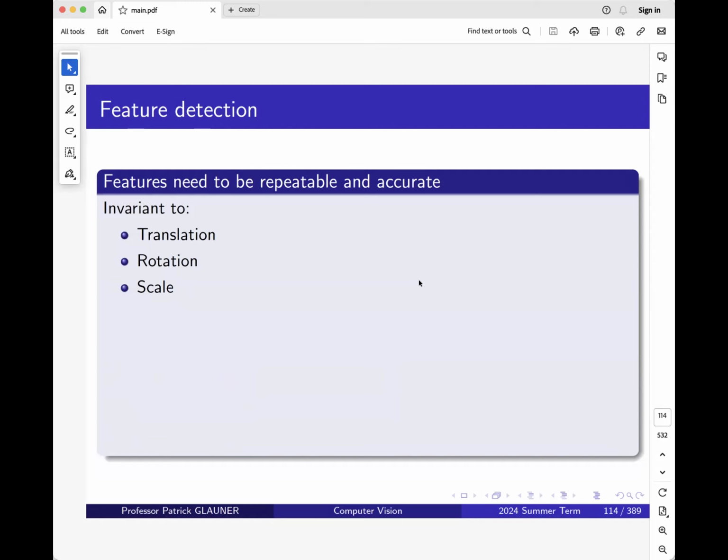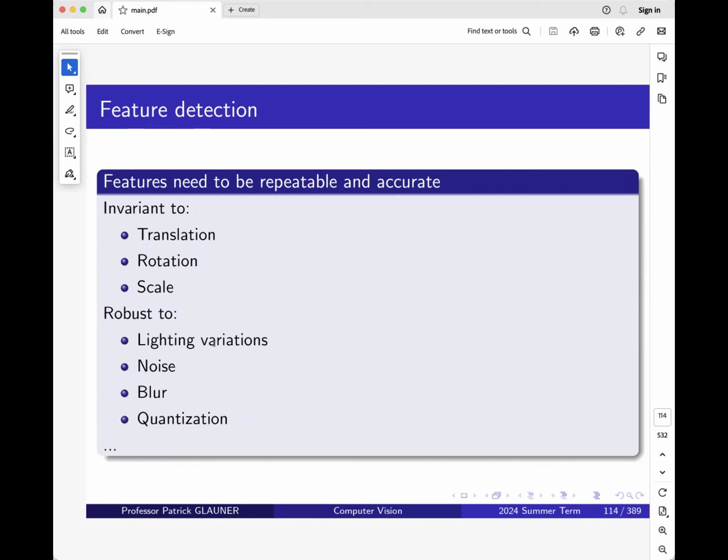And detecting features is also sensitive with regards to noise, illumination, and lots of other factors. So what we actually want is a certain invariance to various factors that can complicate feature detection.